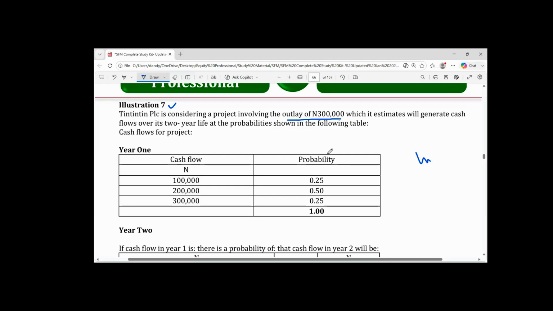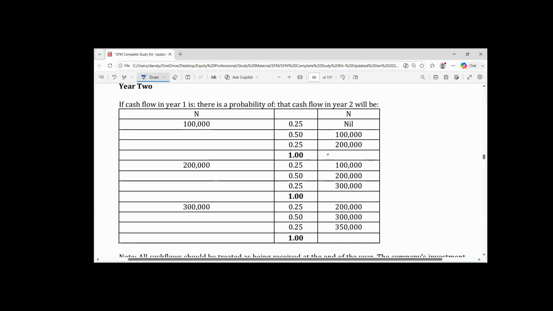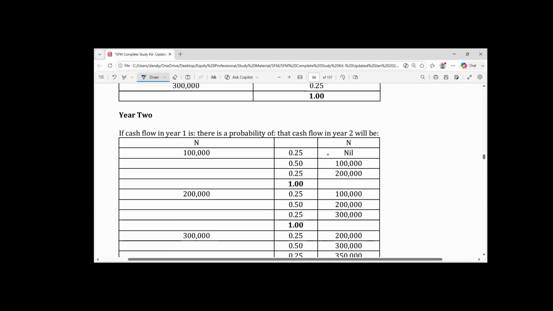When you look at year 1 cash flow, this is very straightforward. I'm given cash flow, I'm also given probability. I can determine my expected value straight. But when you get to year 2, it's not that straightforward because year 2 cash flow is dependent on year 1 cash flow. So the examiner is telling you here that if cash flow in year 1 is 100,000, there is a probability of 0.25 that cash flow in year 2 will be nil.